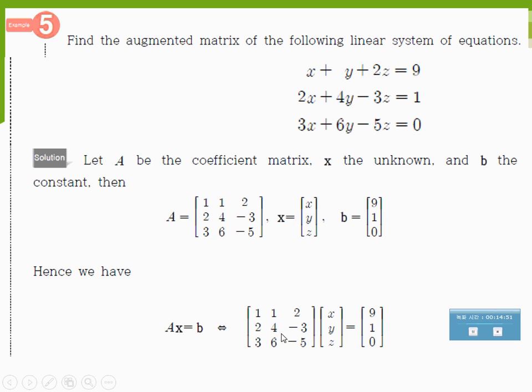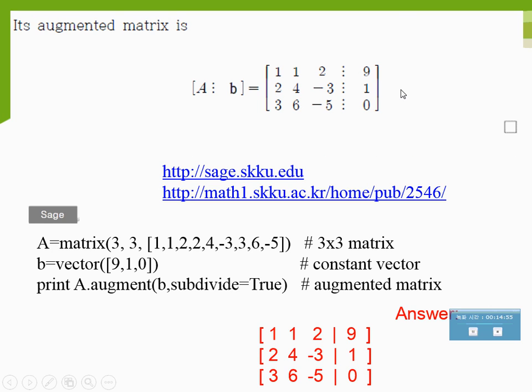So the augmented matrix is this plus this vector at the end, as the last column. This is the augmented matrix. Okay? Suppose you have a matrix like this, define the same matrix and the vector b, then you can generate the augmented matrix like this with this command. I will show it later at the end, all together.